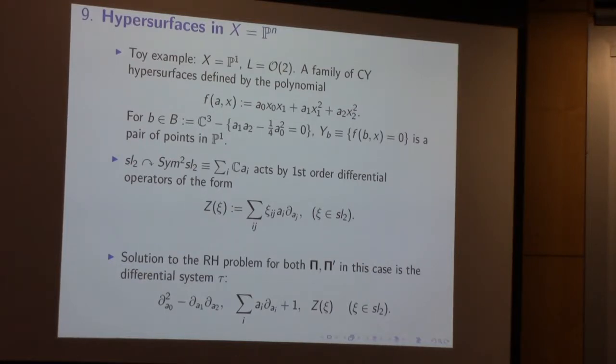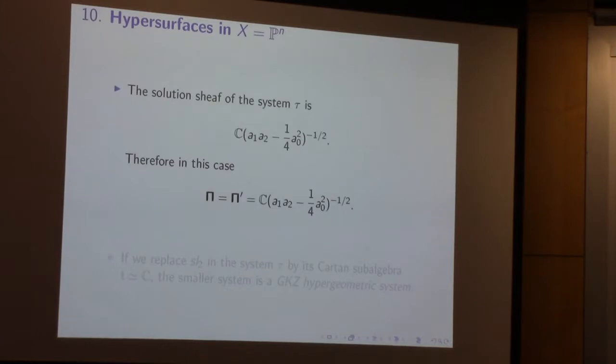Well, you solve the system. Upon solving the system, you see that the system has exactly a one-dimensional solution space, given by this nice formula. It's exactly the discriminant locus to the power -1/2. The power is to make sure that this has homogeneous degree -1. Okay, so this is your solution sheaf.